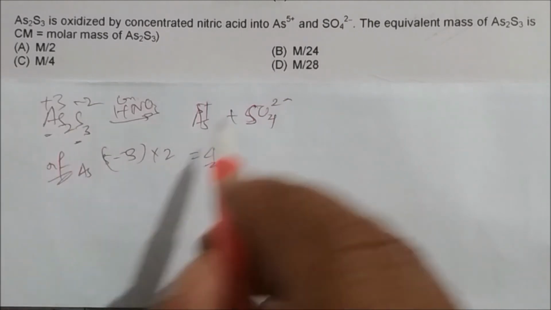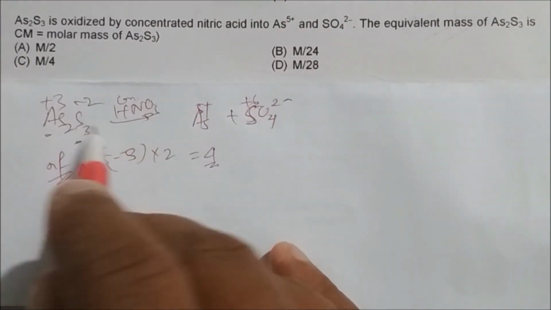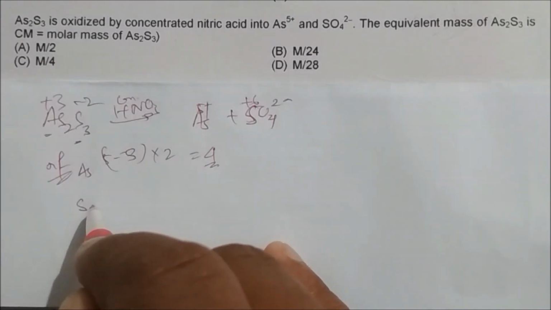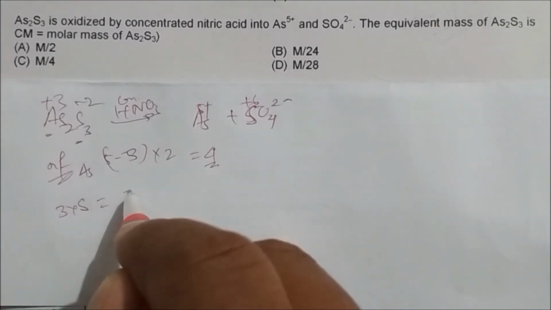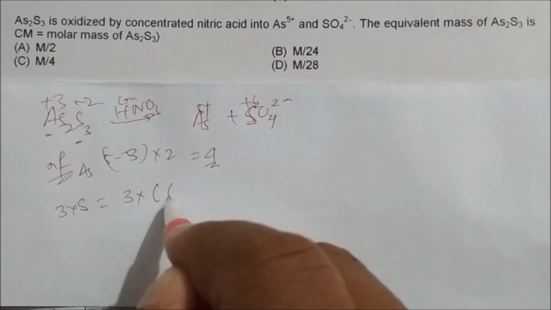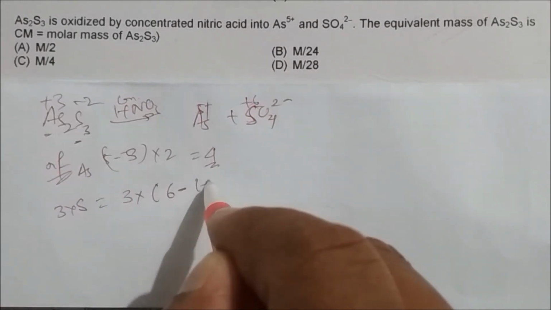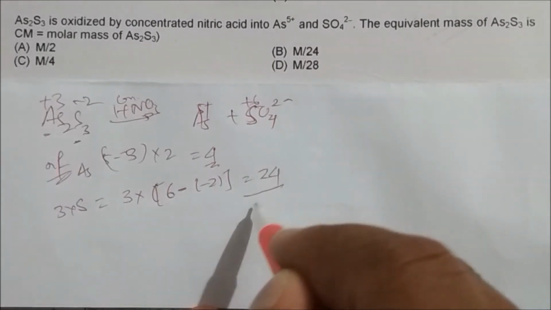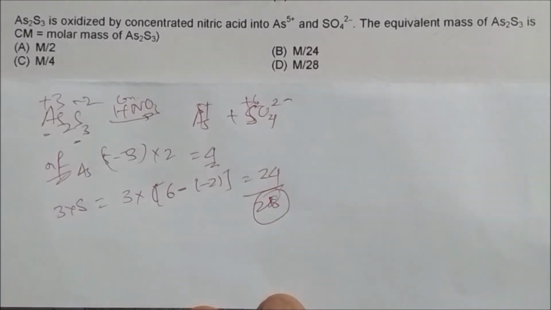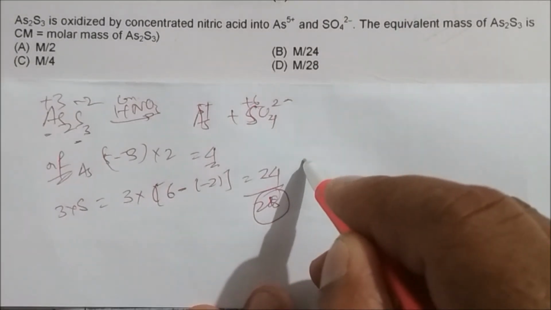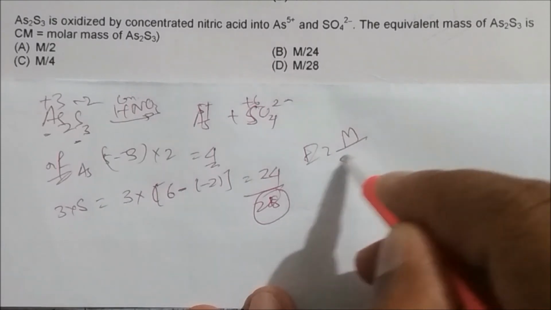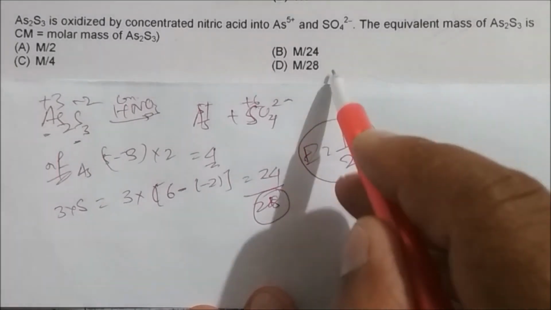Again for sulfur, -2 to +6 is a change of 8. There are 3 sulfurs, so 8 × 3 is 24. So the total n-factor will be 28. Now the equivalent mass will be the molar mass of As2S3 divided by 28. So this answer is correct.